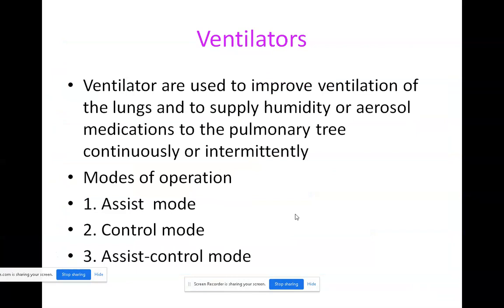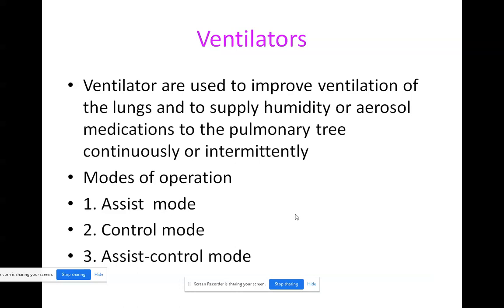So one ventilator is one of the assist devices used in the patient. The ventilator is used for improving the ventilation of the lung and to supply humidity or aerosol medication to the pulmonary tree continuously or intermittently.